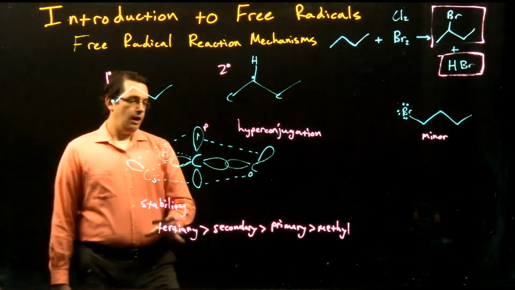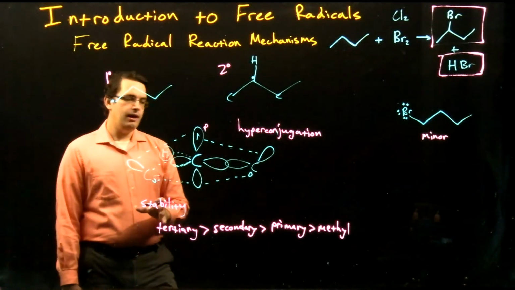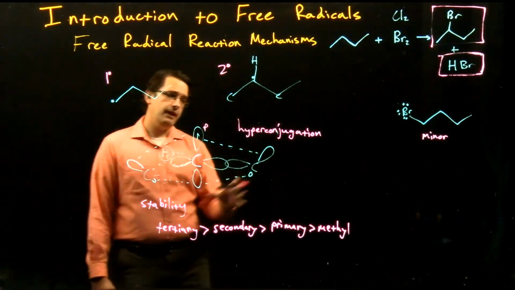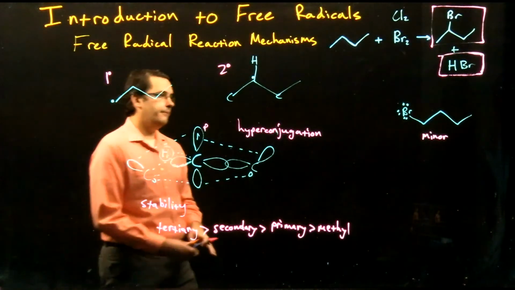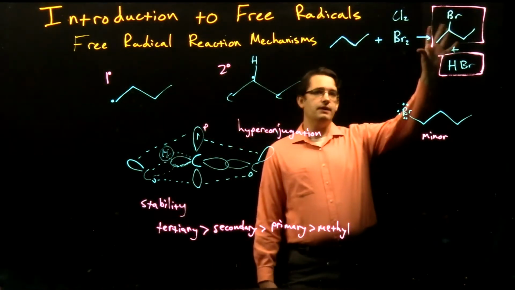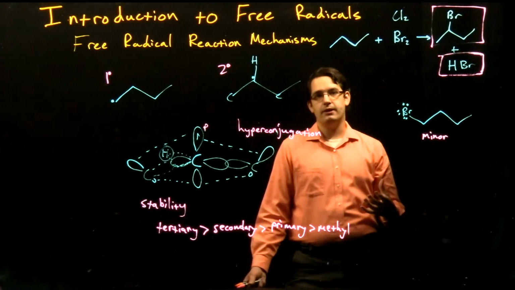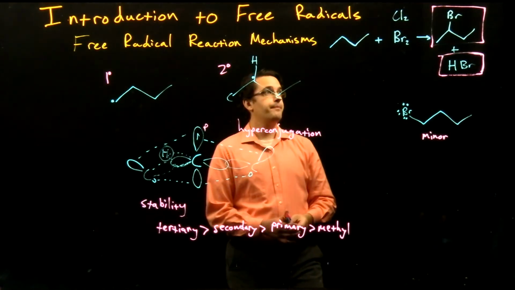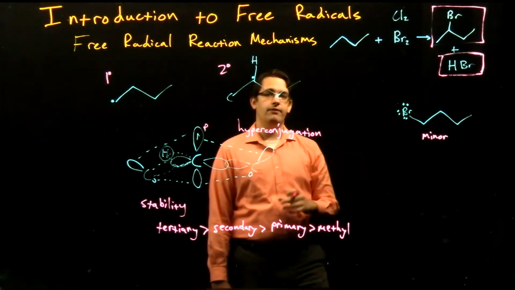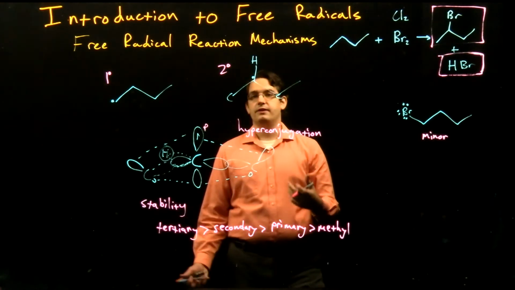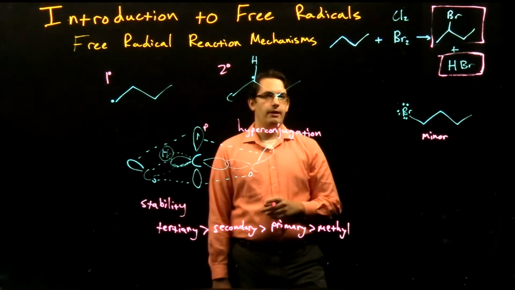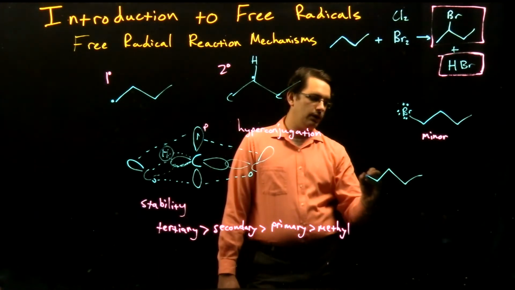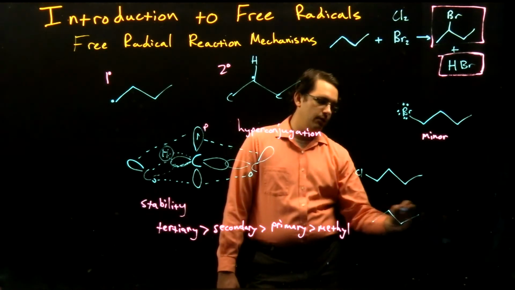Now I should mention that this selectivity effect is somewhat limited. So for bromine, we will be somewhat selective towards our more substituted carbons, but again, we will still see some of our other carbons show up. For chlorine, actually, our chlorine will see very little selectivity. So our chlorine is actually somewhat more reactive in this free radical reaction, and so you'll see equal amounts of the 1-chlorobutane as well as the 2-chlorobutane.